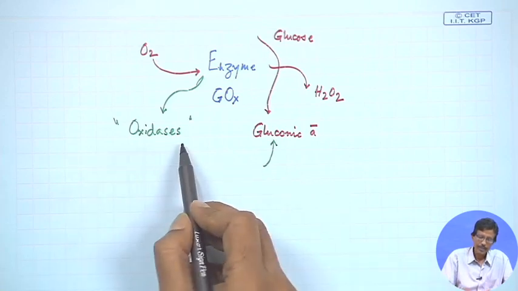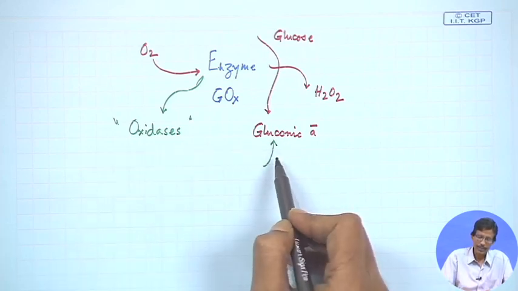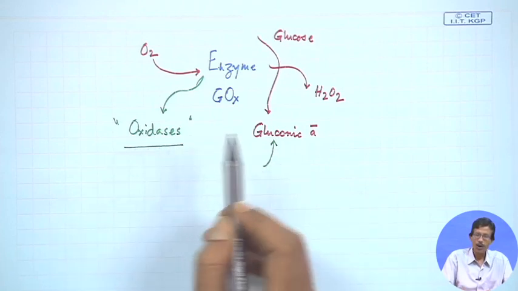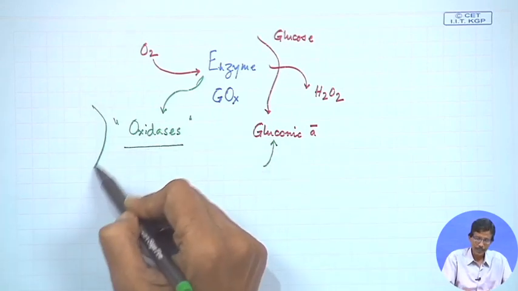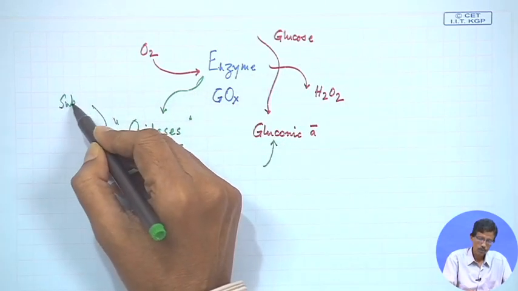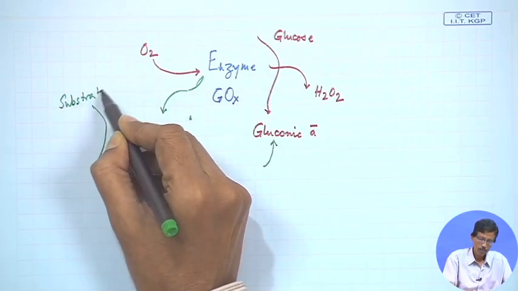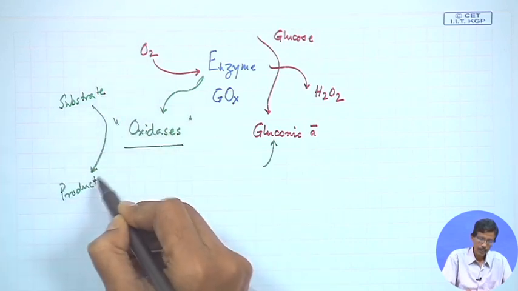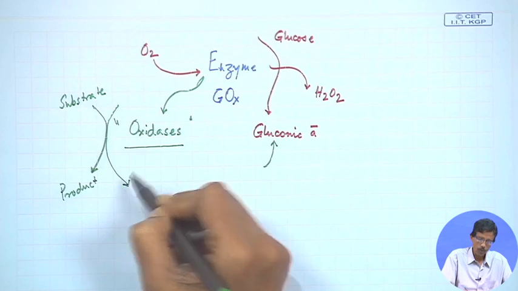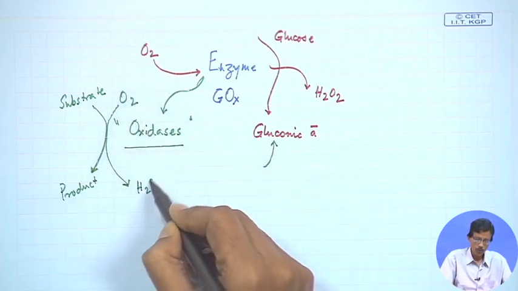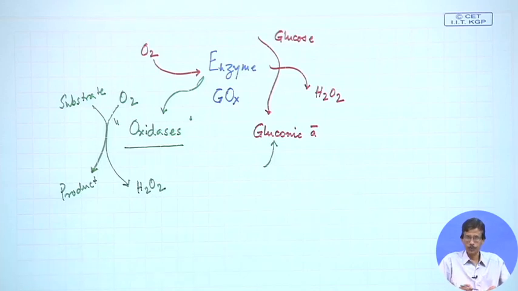Oxygenation reaction is the direct insertion of the oxygen. So, a large number of oxidases you can study, where you have a substrate like this glucose to get the product, and indirectly what we will be looking for is the fate of your O2, this O2 giving your H2O2.